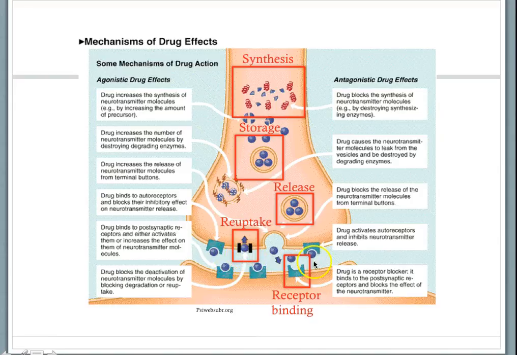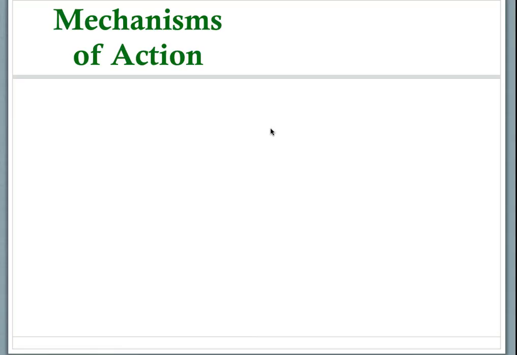And so even though a bunch of it's really going to bind to the postsynaptic cell, some of it might bind to the presynaptic cell as well on these autoreceptors and tell this cell, okay, we've already dumped a bunch of dopamine out into the space. We don't need any more dopamine release, right? And so maybe the cell starts to downregulate the synthesis of dopamine, or starts to downregulate the packaging of dopamine into vesicles. And all of these things are complicated, and they work in concert with one another to regulate the amount of neurotransmitters that are being synthesized and released from the cells.